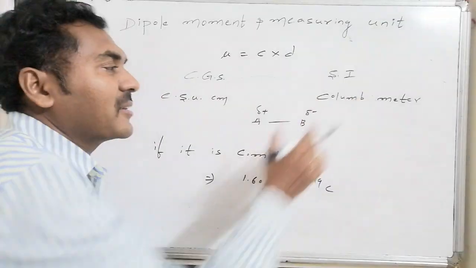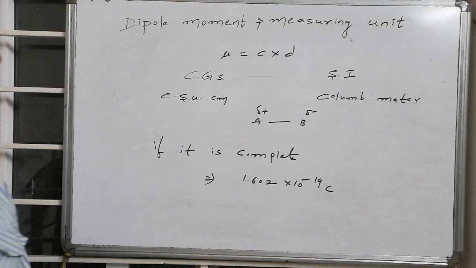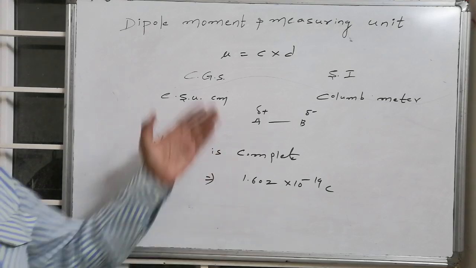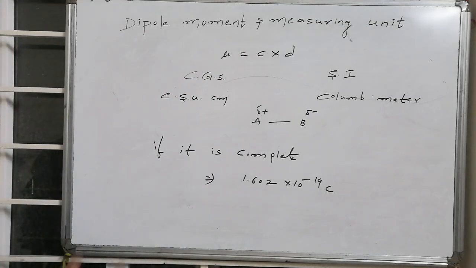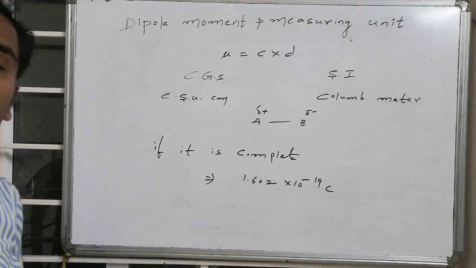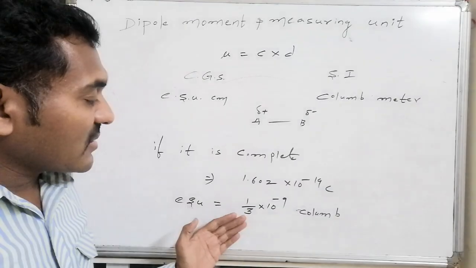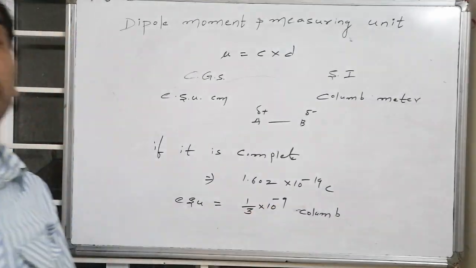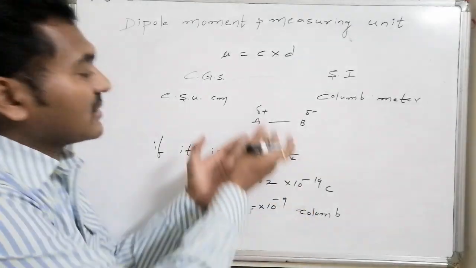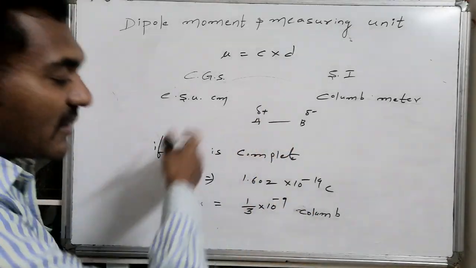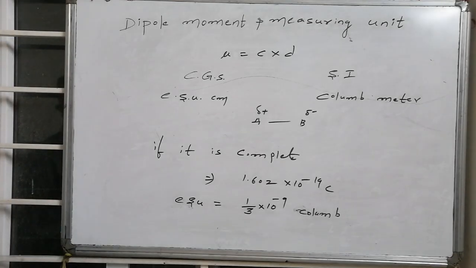Hence this particular unit appears to be very big for the dipole moment obtained by the multiplication of C and D. ESU also appears to be bigger compared to the charge separation present between the two atoms. ESU is originally equal to 1 by 3 of 10 power minus 9 coulombs, but the charge separation is very small compared to this ESU.